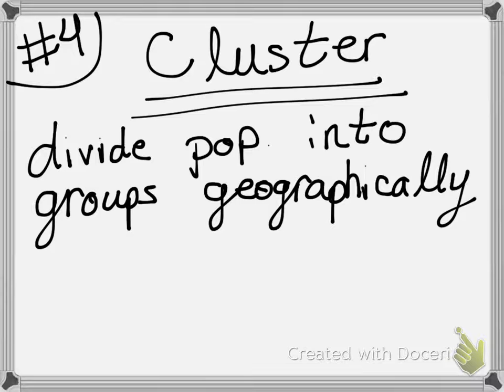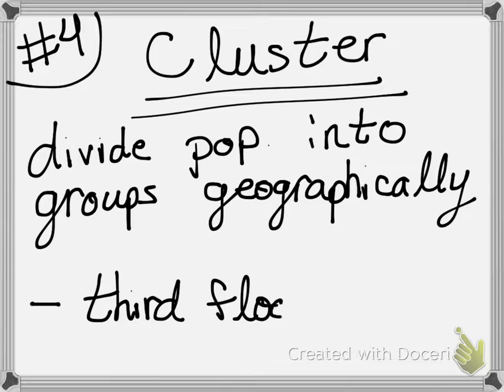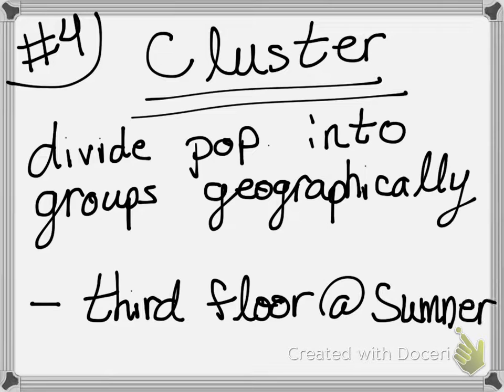So for the United States, we can cluster people by state or by county. At school, we may only look at the third floor. Or maybe since now the third floor is pretty much all 8th grade, we'll look at the second floor. Or we'll just go survey the new wing or just the trailers, just so we can look at one group and not have to walk around everywhere.